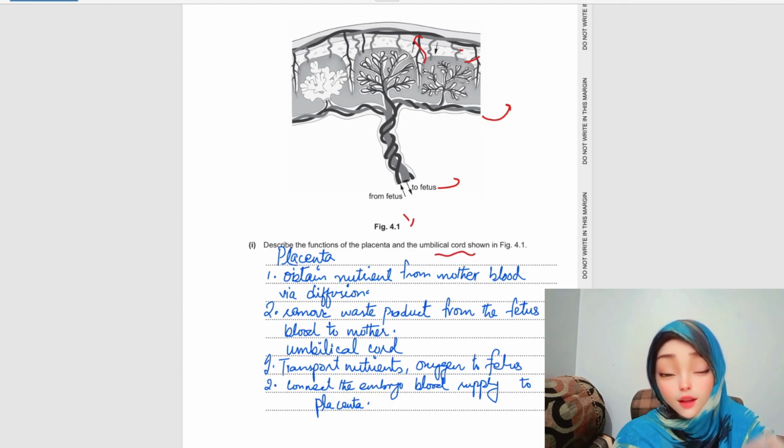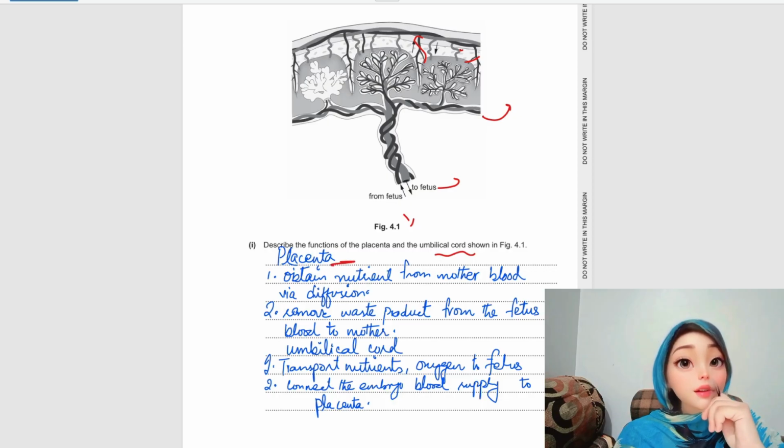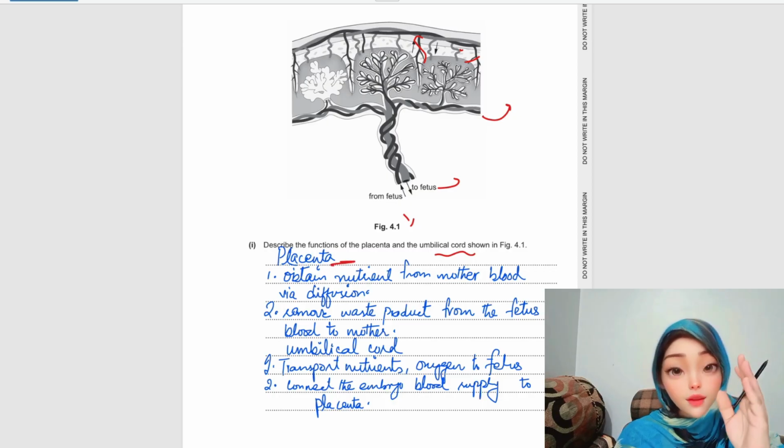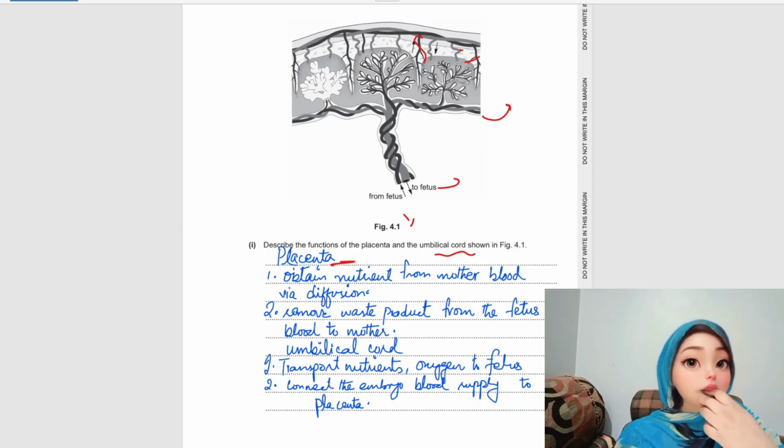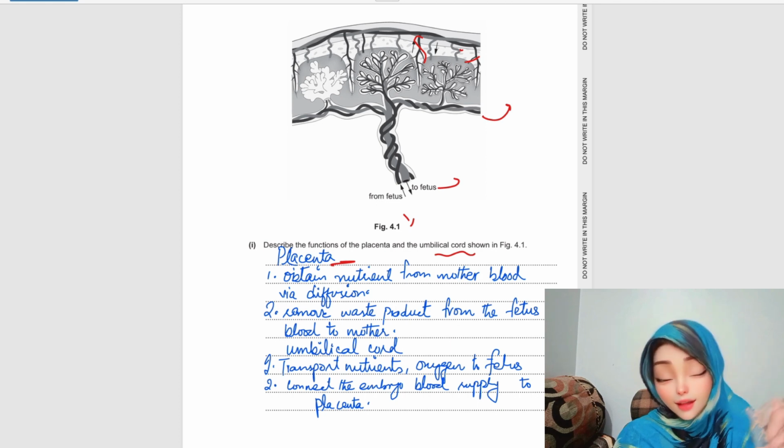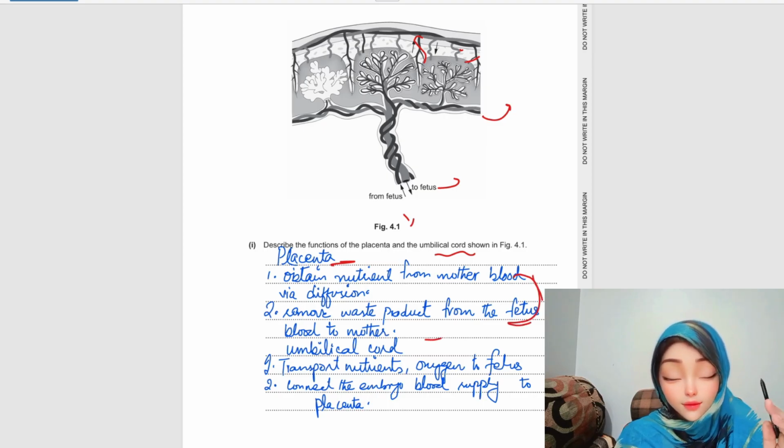We all know that the placenta is really important for the mother and the fetus because it allows many nutrients to pass through, and gaseous exchange also takes place through the placenta. So that's why the placenta is important. The umbilical cord is also important because it transports nutrients and oxygen to the fetus, and secondly it connects the embryo blood supply to the placenta.